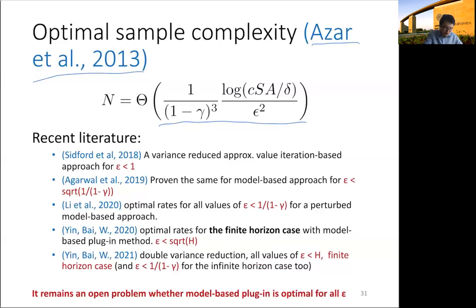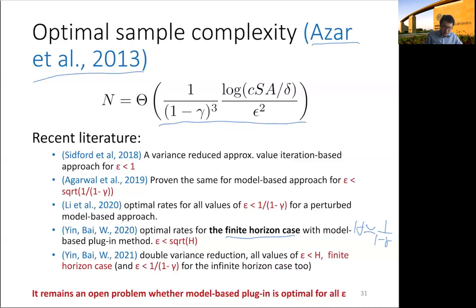And my student Ming has a pair of works with results that imply certain computational bounds in this setting, which show that for the finite horizon MDP case, you can get this optimal bound when epsilon is smaller than square root of h. So basically, you should consider h to be roughly 1 over 1 minus gamma in the infinite horizon case.